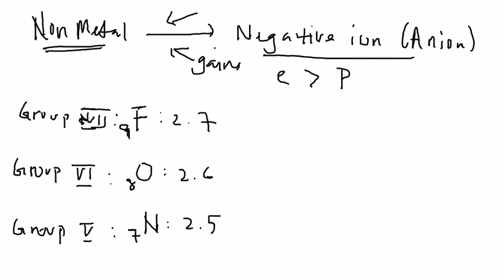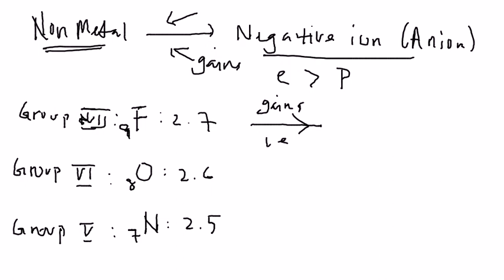Now, just like positive ions, elements in non-metals that form negative ions have a tendency to form stable noble gas electron configurations. So for group 7, instead of losing the 7 electrons, they gain 1 electron.